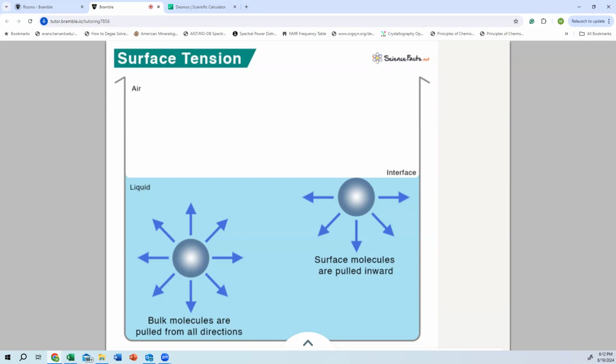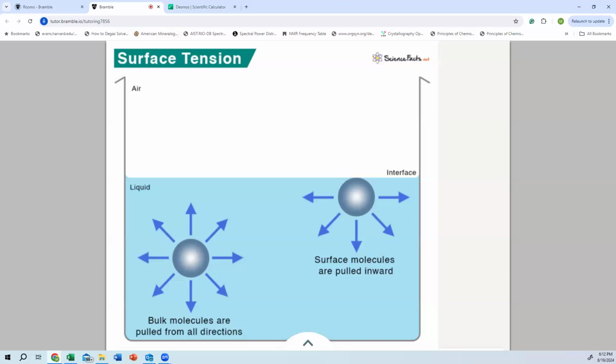But because on the surface that pull is downwards, it is going to tighten the surface and make it so we can put as few water molecules on the surface as possible. And that is the reason for surface tension: that overall downward pull on those water molecules, and the water itself trying to decrease interaction with that non-polar air.